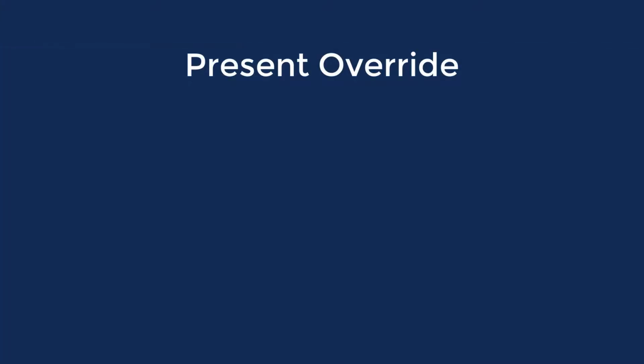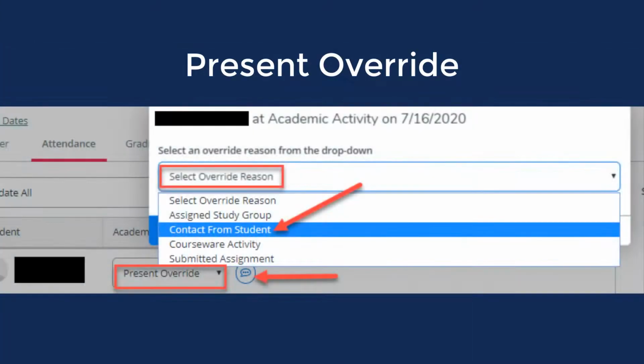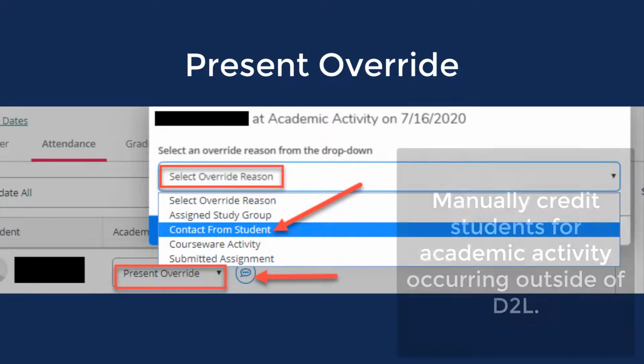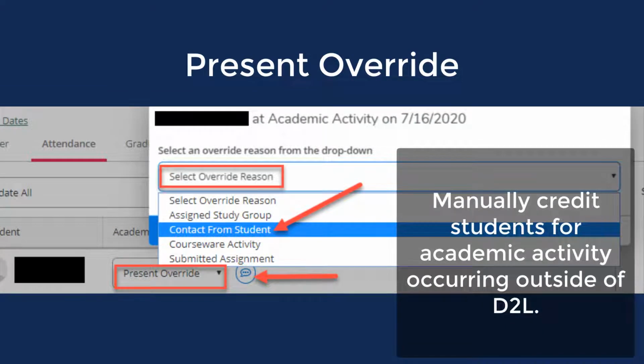Present override. Attendance should be manually credited in Self-Service by the instructor for academic activity, such as a student emailing or phoning an instructor to ask about academic course content for the day the activity occurred.